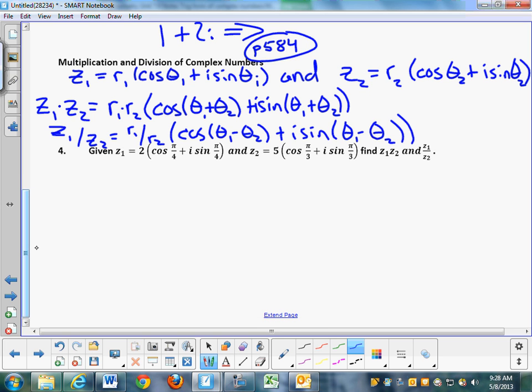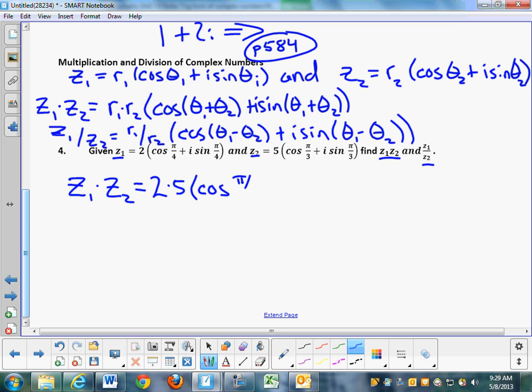Watch. We have two complex numbers, Z1 and Z2. What I want to do is find Z1 times Z2, and find Z1 divided by Z sub 2. So if I want to find Z sub 1 times Z sub 2, what do I have to do with the R values? Right, so I just have 2 times 5 times the cosine of, what do I do with the theta values? Add them.